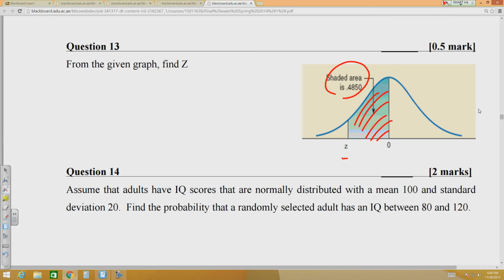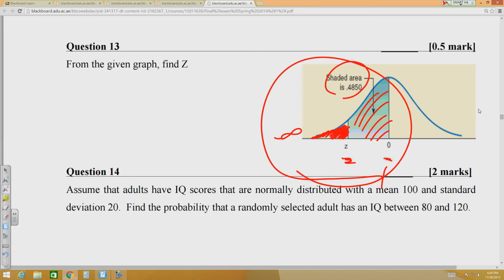But we need to do something first, right? Because the table doesn't understand the area from 0 to Z. The table only understands the area from minus infinity to Z. So we need to calculate this area first before going to the table. How much is this area? 0.5. Exactly. Remember, there's a symmetry: 0.5 here, 0.5 here.